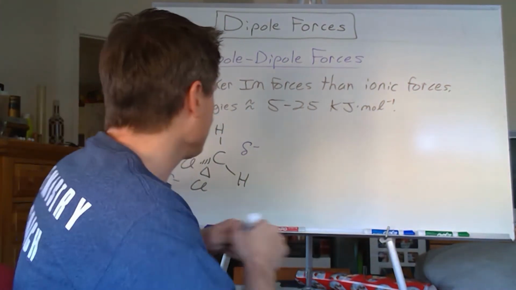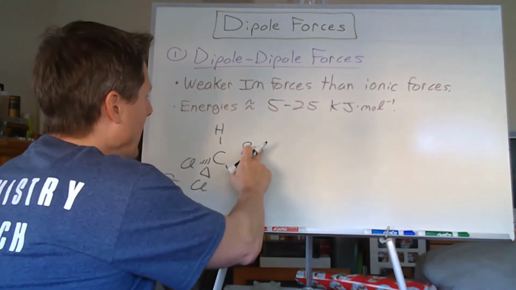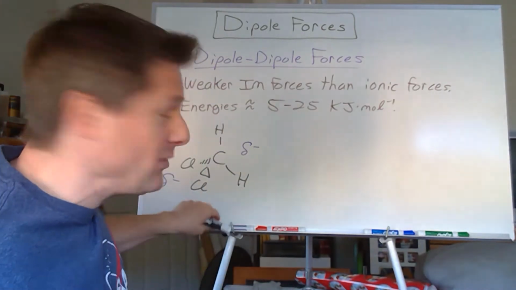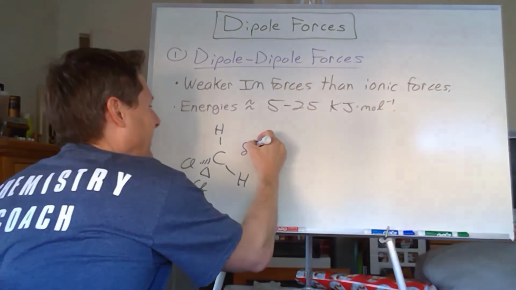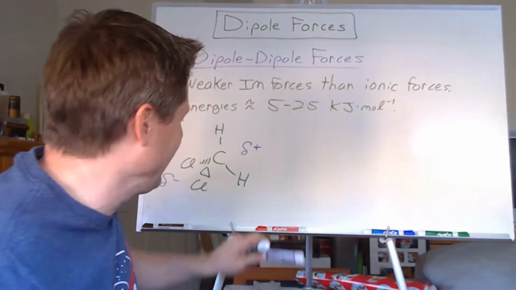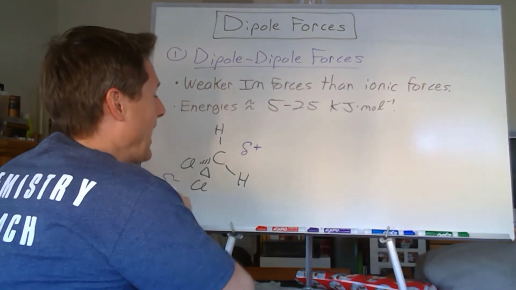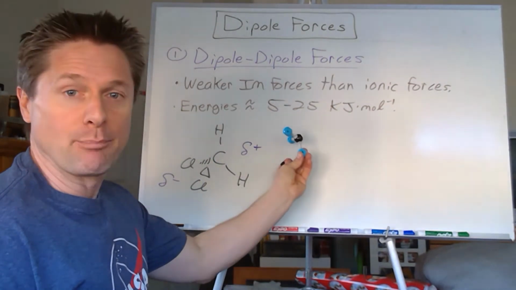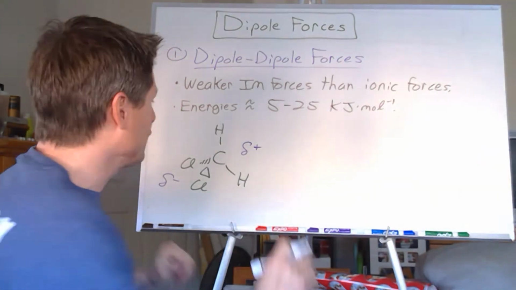So let's take the PBr3, and we got, oh, I got this backwards. I have 2 partial negatives. That makes no sense whatsoever. There, that was bugging some of you, wasn't it? So I'm going to rotate my PBr3 so that the bromines are maximizing the attraction over here.